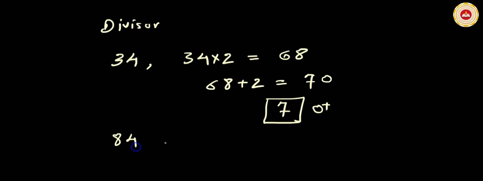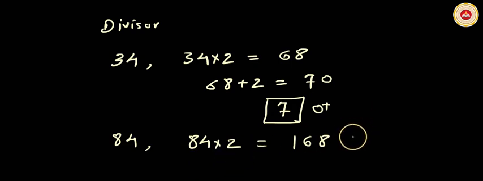84. Number is 84. How to calculate positive osculator for 84? See, 84 multiplied by 2: 4 2s are 8, 8 2s are 16. Correct? 168. Now we have got such a number which contains 8 in its units place.